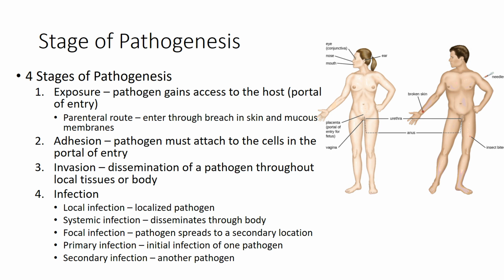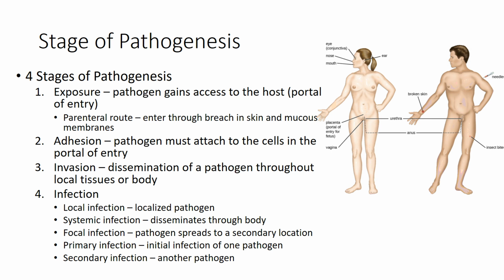An infection can stay local, which means it's localized to one specific region, one pathogen. A systemic infection occurs when the pathogen spreads throughout your body, typically through the bloodstream. A focal infection can occur whenever a pathogen leaves its first site of infection, spreads through the body, and then starts a secondary location of infection.